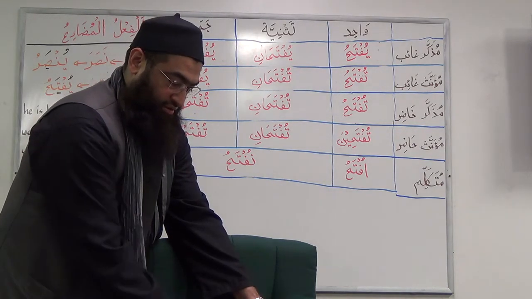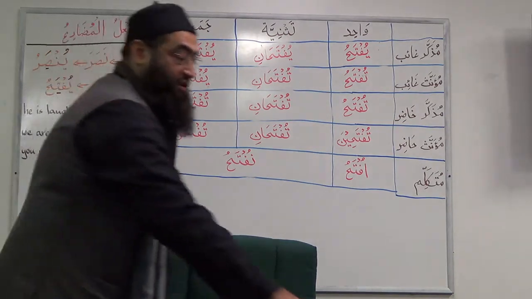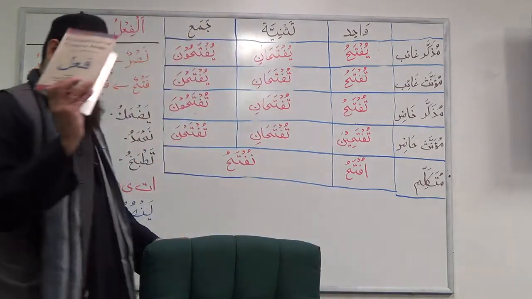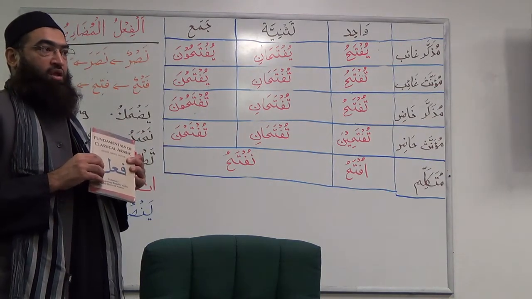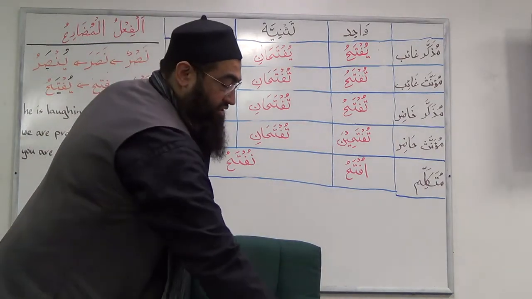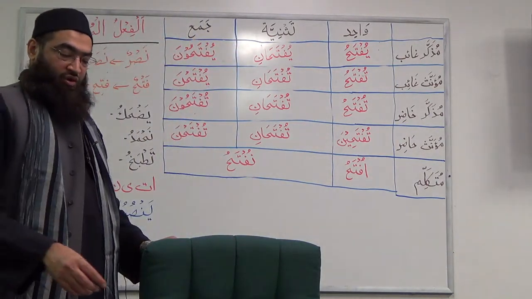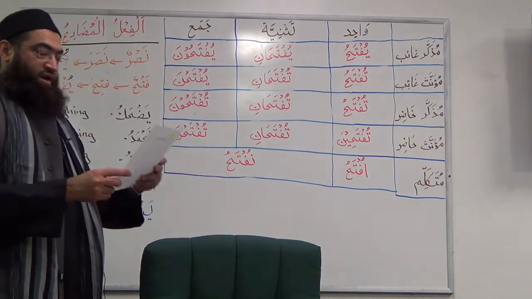It's called Fundamentals of Classical Arabic. So we should all have this book. If you bought it online, very good, or you can download it, but I would buy it.